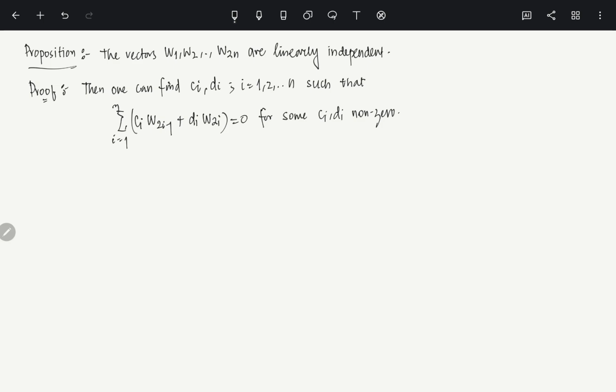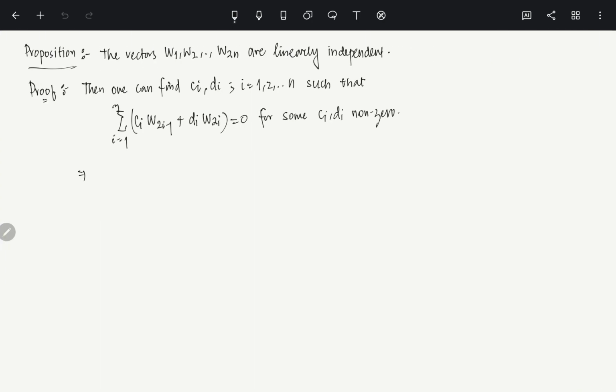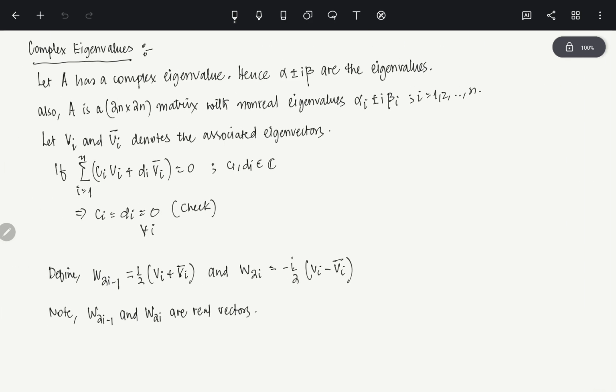Now if this relation holds, what is W_{2i-1}? That is nothing but half times V_i plus V_i bar, right? And what is W_{2i}? It is the imaginary part, so minus i by 2 times V_i minus V_i bar.